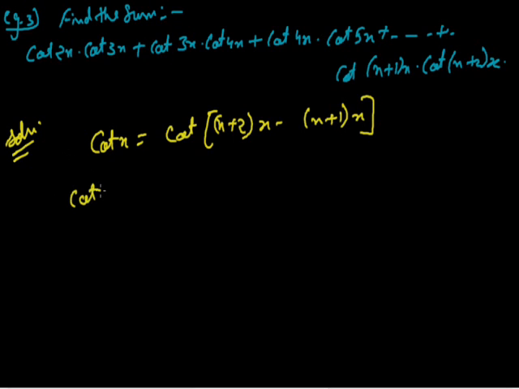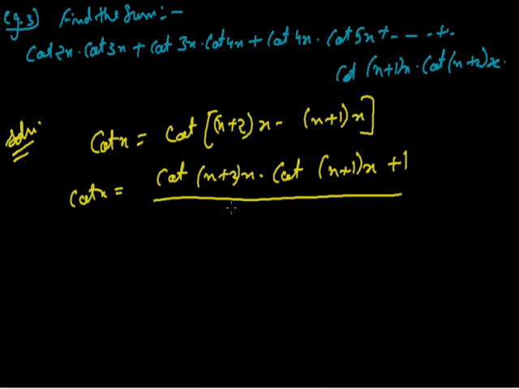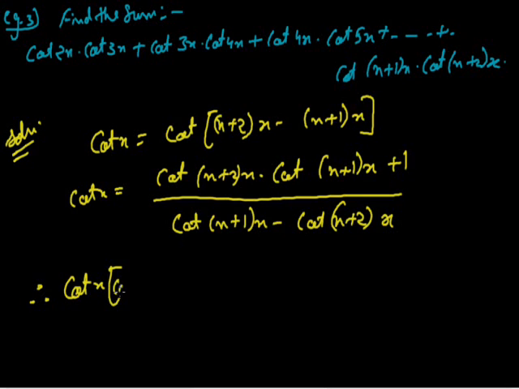Therefore, cot x can be written from the cot (a minus b) formula as cot (n+2)x into cot (n+1)x plus 1 upon cot (n+1)x minus cot (n+2)x.